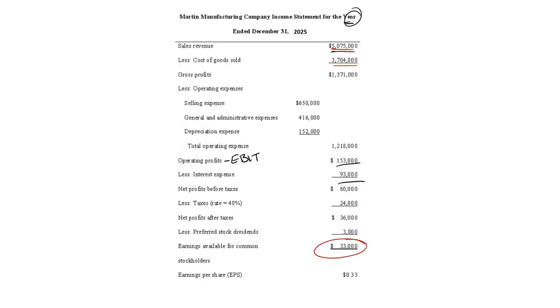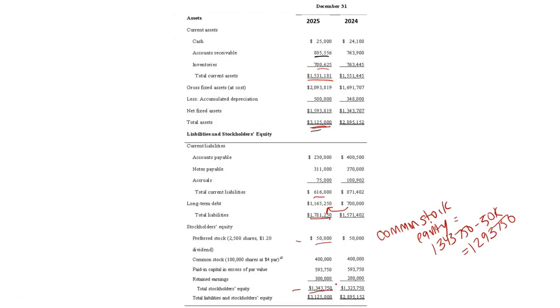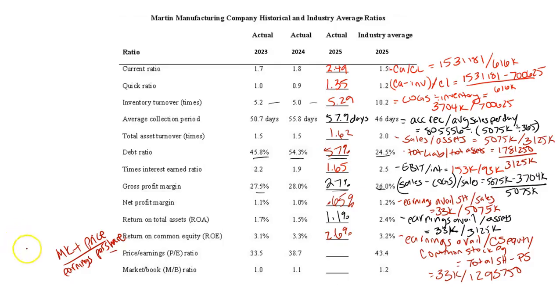And earnings per share is given to you on the income statement of 33 cents. So that is $11.38 divided by 33 cents. And that gives us a price earnings ratio of 34.49.